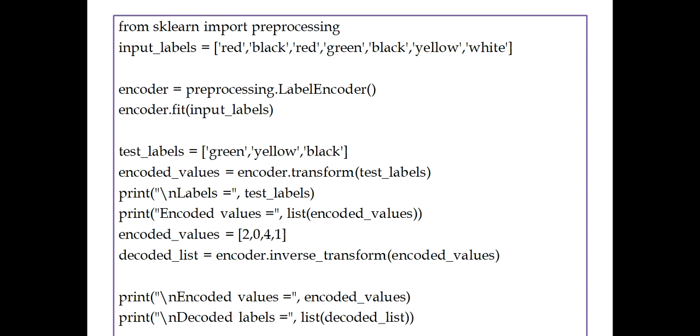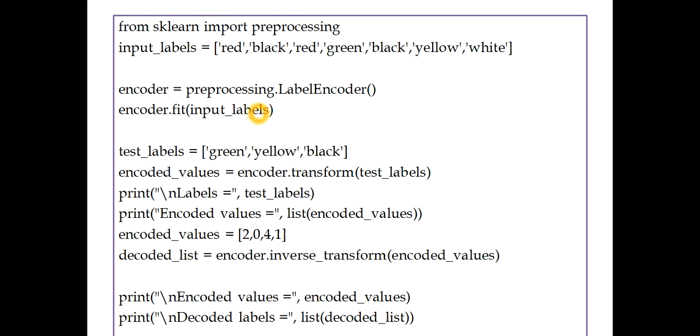These are the different input labels. Sometimes you will see that red is repeated twice, and you will get why I'm doing so. Then encoder equals preprocessing.LabelEncoder. Then we need to feed the labels to this encoder, so our LabelEncoder function is now in encoder. Let's feed the labels: encoder.fit(input_labels).